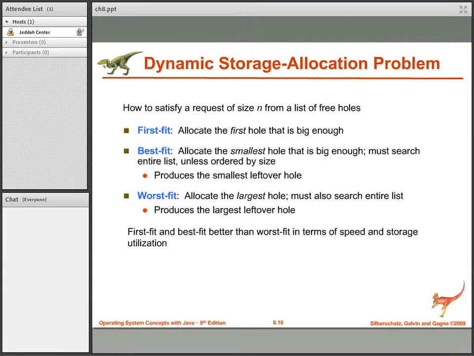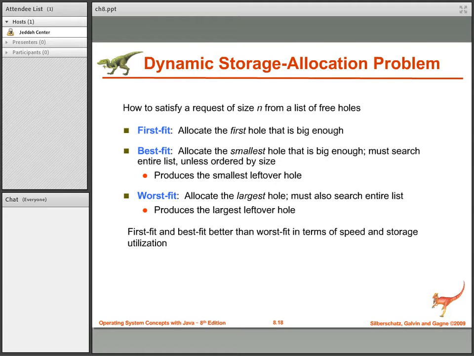The third algorithm is the worst fit algorithm. In this case, you allocate not the smallest hole, but the largest hole. The idea here is that when you allocate the largest hole, you have the largest possible leftover hole after accommodating the new incoming process.